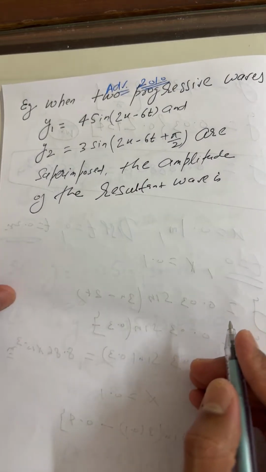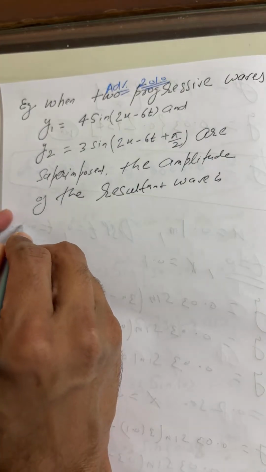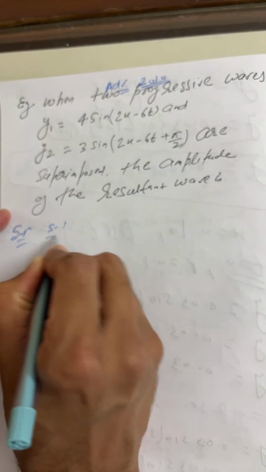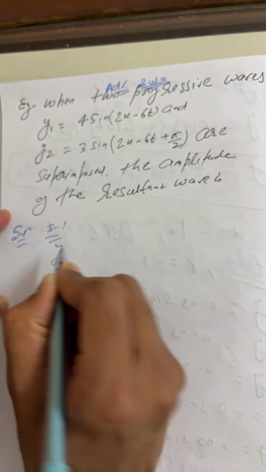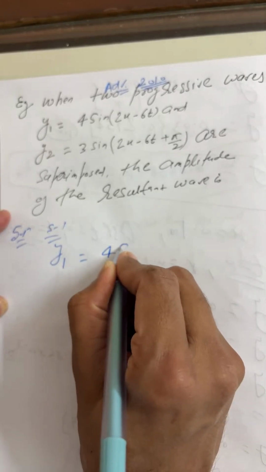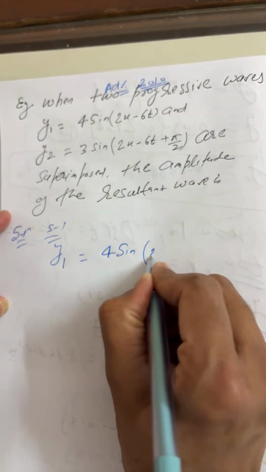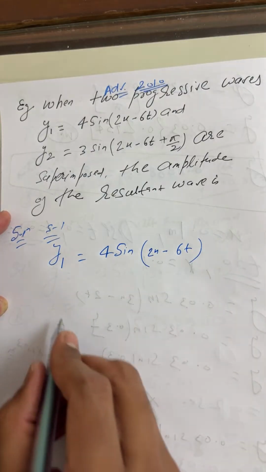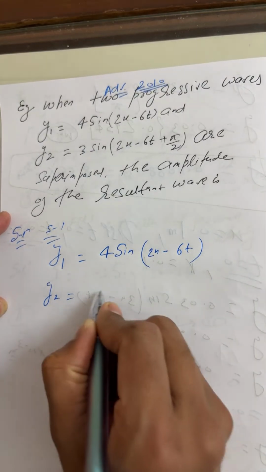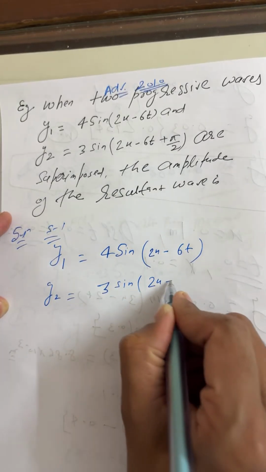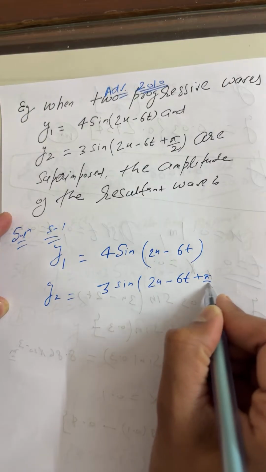So in step one, write equation one: y1 is equal to 4 sine(2x minus 60), and y2 is equal to 3 sine(2x minus 60 plus pi by 2).